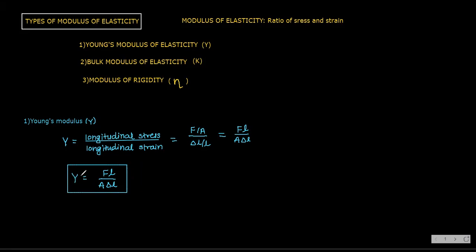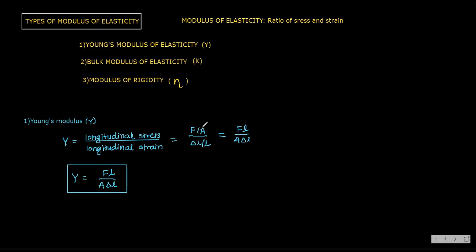And this Young's modulus, what dimensions will it have? You can see the denominator is delta L by L. This is dimensionless, because this is length over length. Now what is left is F by A, which is nothing but stress.